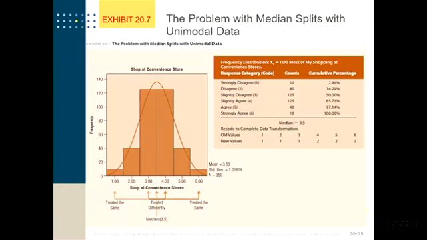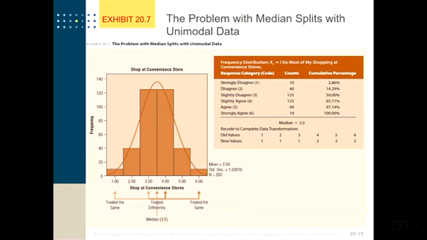Now look at this example. First of all, the question is in the right box. Frequency distribution: I do most of my shopping at convenience stores. That's a statement.